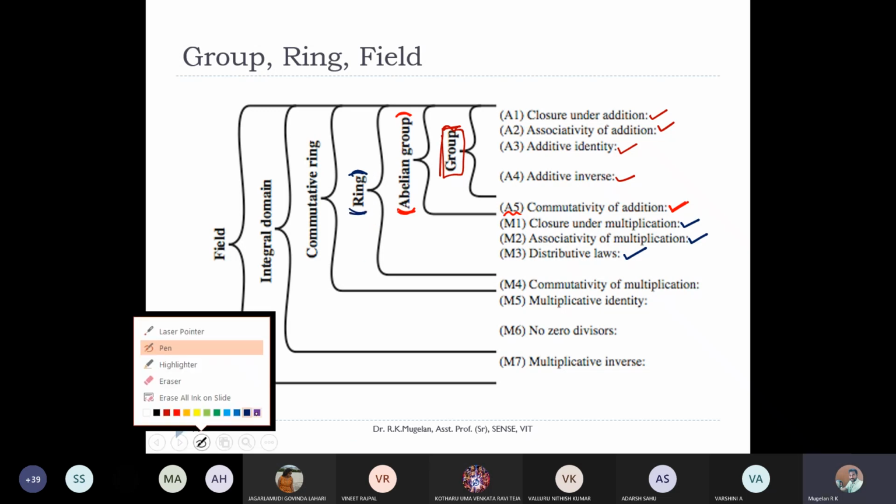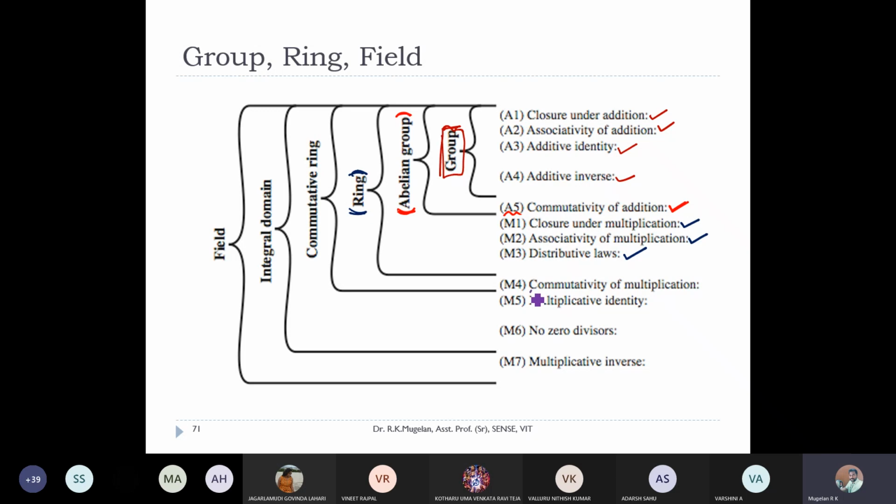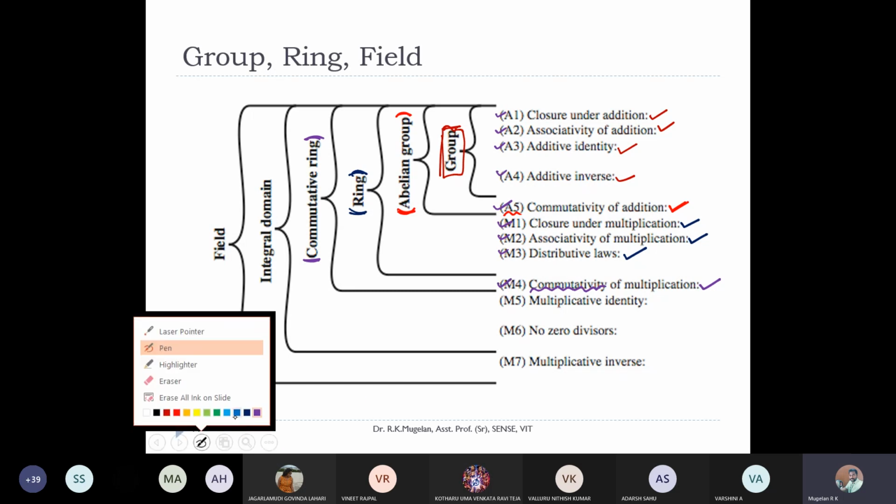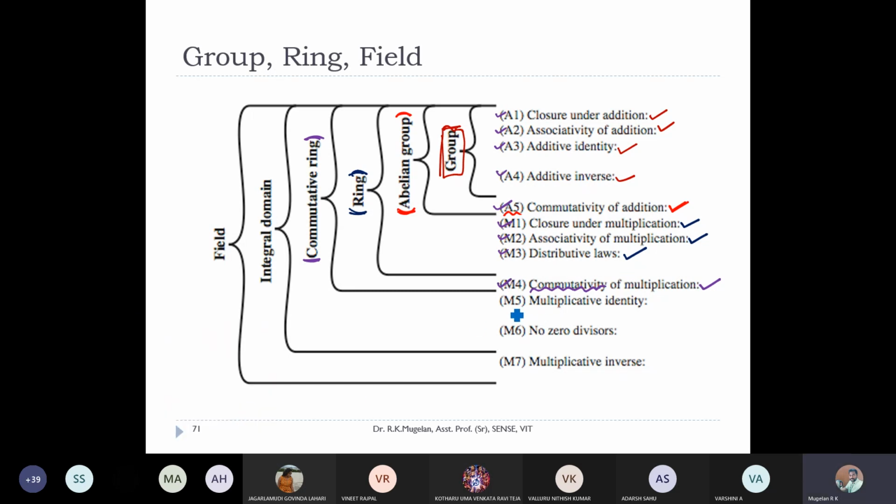And along with this, if it satisfies the commutative property, the optional one, then I can call it a commutative ring. That is, a commutative ring will have addition with 5 properties, multiplication with the 3 plus this commutative property. If it includes multiplicative identity and no zero divisors, then it is called an integral domain.